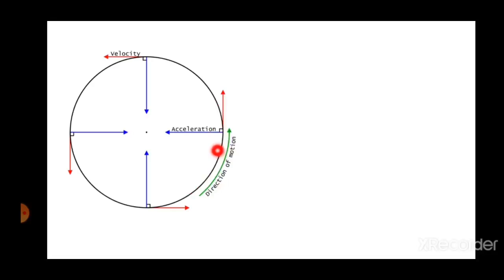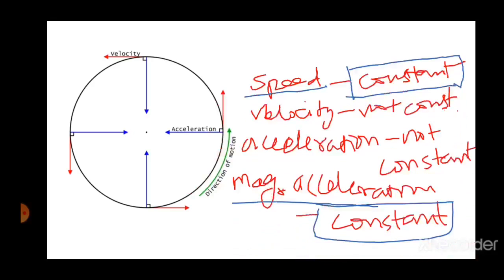The magnitude of the velocity remains constant and only the direction changes continuously. But there is a centripetal acceleration. In uniform circular motion, the velocity vector turns continuously without changing its magnitude, that means speed.